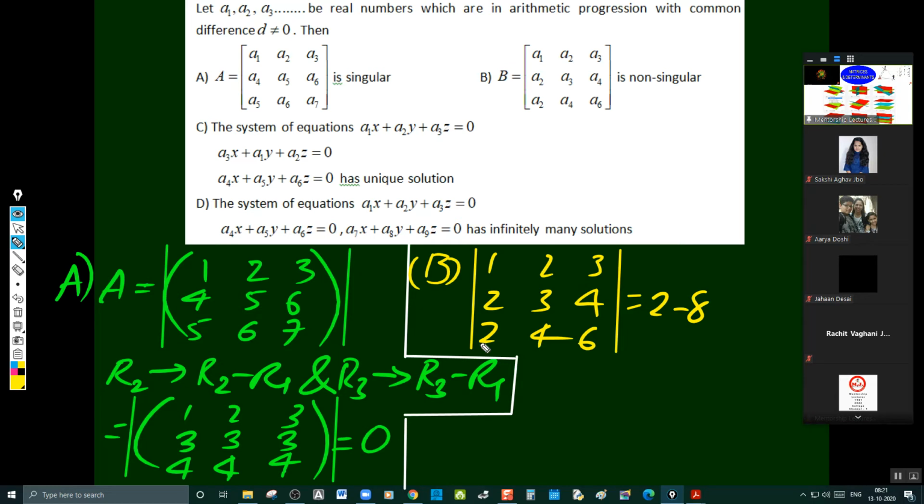And this is 8 minus 6, 2. It is 0. So option B is wrong. A is correct, but B is wrong, because it is singular.